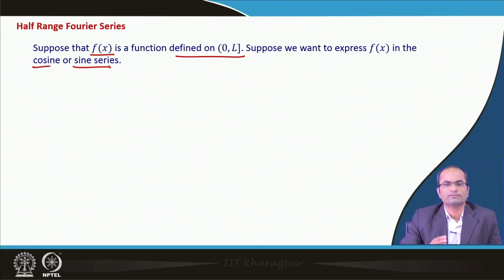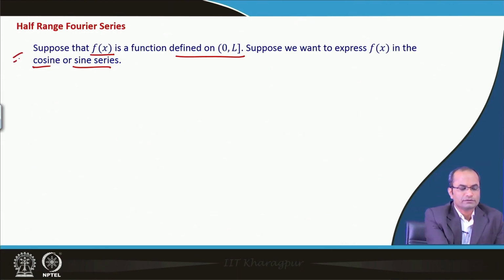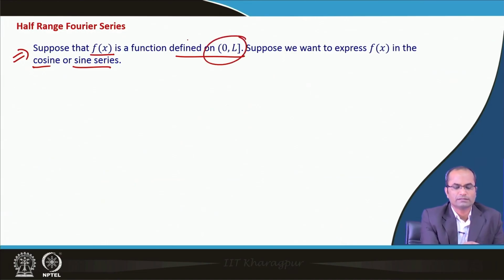In the earlier lecture, for instance, we have seen the Fourier series, and naturally when the function was an odd function, it was coming as a sine series. When the function was an even function, it was automatically coming as a cosine series. But now the situation is different. The function is again defined in some interval.